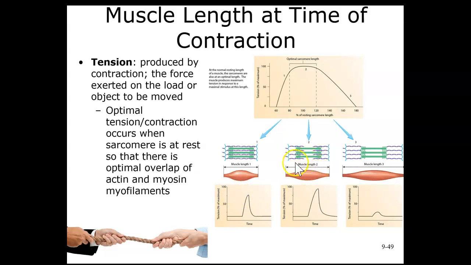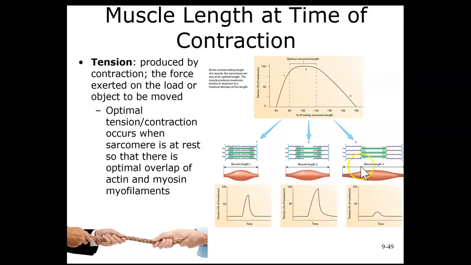In muscle length number 2, our muscle is optimally stretched, and the tension produced when the muscle contracts is maximal because there's an optimal amount of overlap here of our actin and myosin filaments. So the number of cross bridges that are going to take place is maximal, so we can reach close to 100% tension.